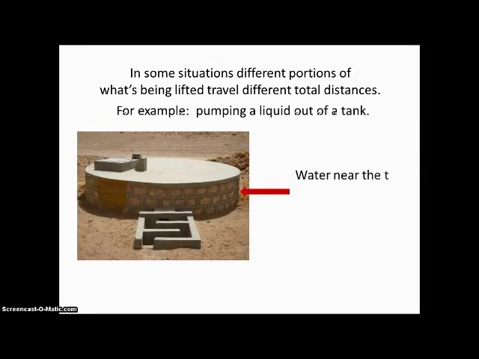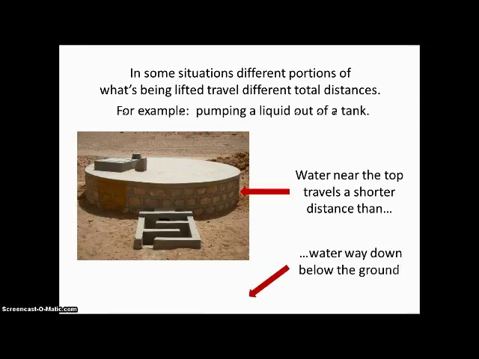If you've got liquid near the top, for example, if it's water, water near the top will travel a shorter distance if you're pumping it up over the top than, say, water way down below the ground near the bottom of the tank. And so if you're going to pump all the water out, you've got varying distances among the different levels of water.